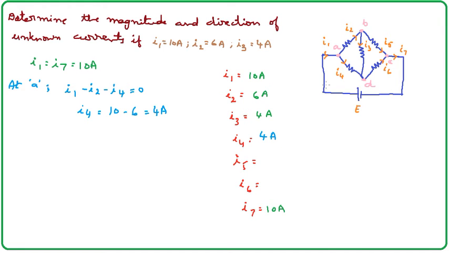Now I want to go ahead with the same step at node B. At node B, I2 is the entering current, and I3 is leaving, and I5 is also leaving. So I2 minus I3 minus I5 is equal to 0.